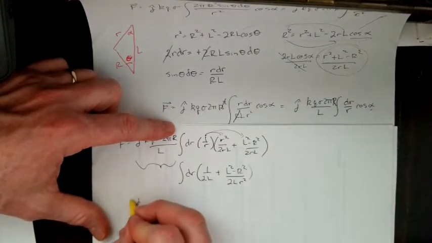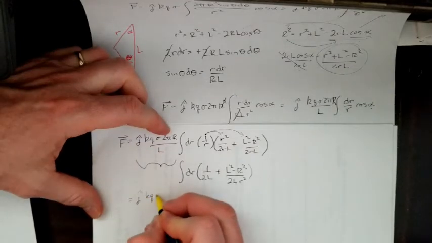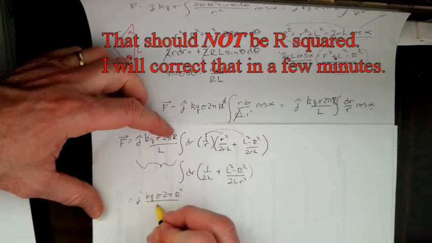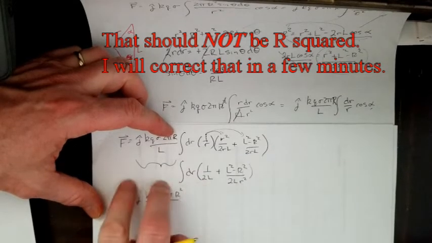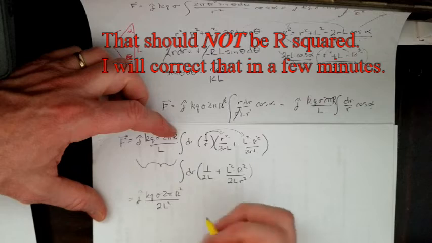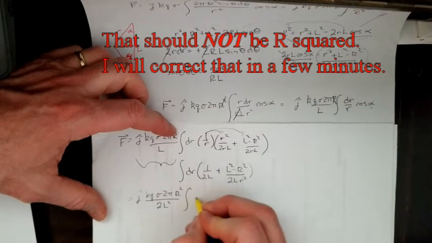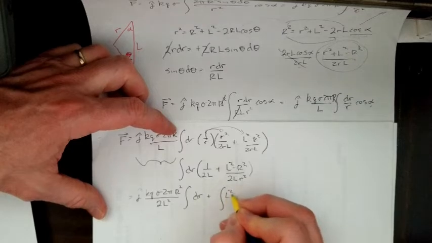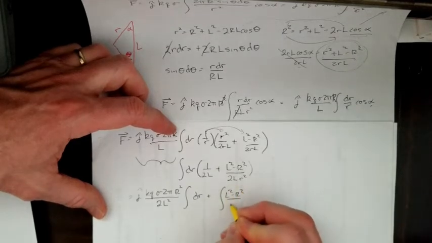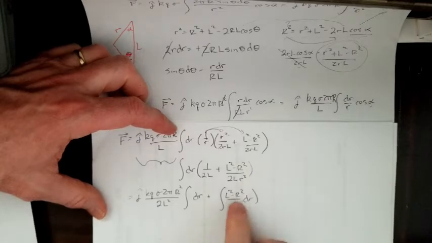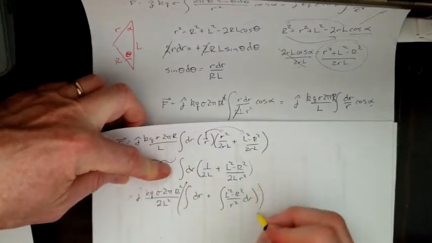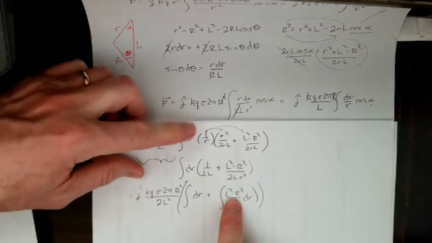And so now I have j hat k q sigma 2 pi big R squared over 2L squared. The 2L comes out times that gives us the L squared times the integral of dr plus the integral of L squared minus big R squared over little r squared dr. Now I'm keeping this here instead of distributing the coefficient, because that's going to make life a little bit simpler coming up.